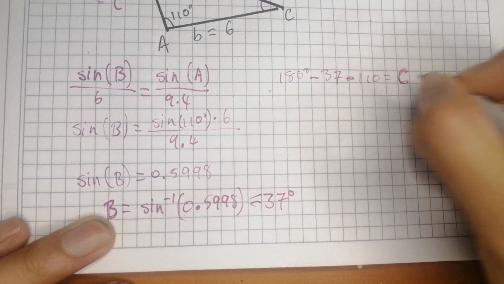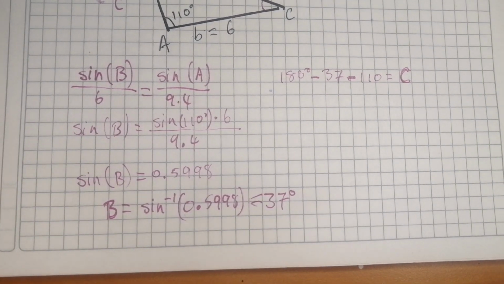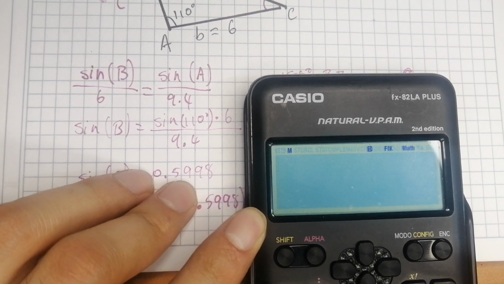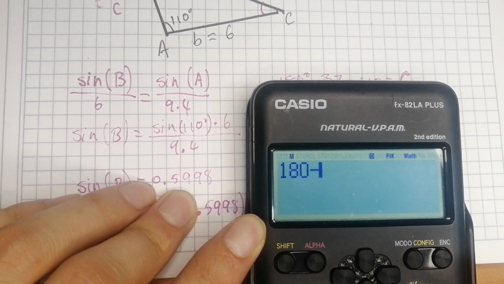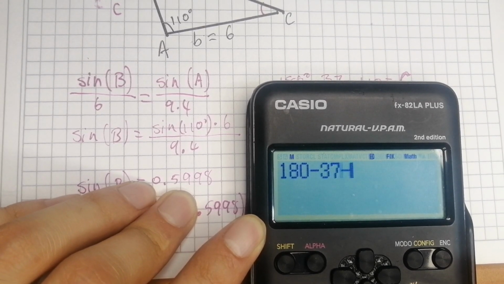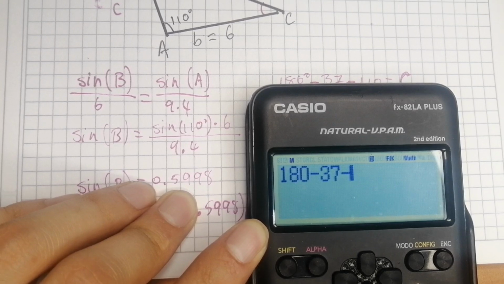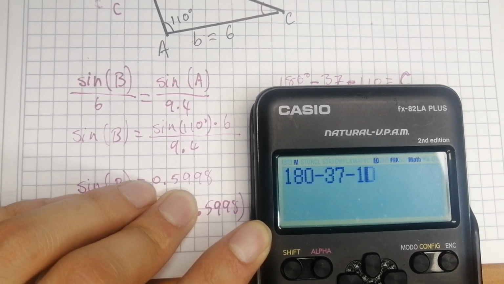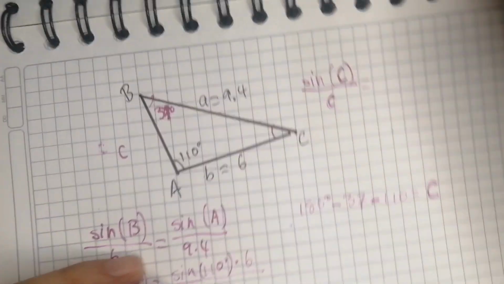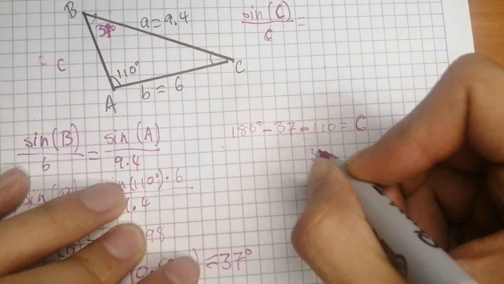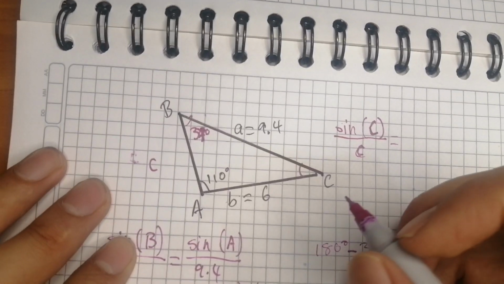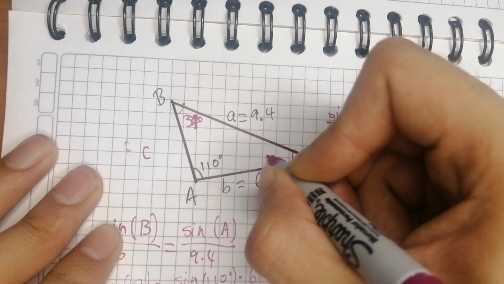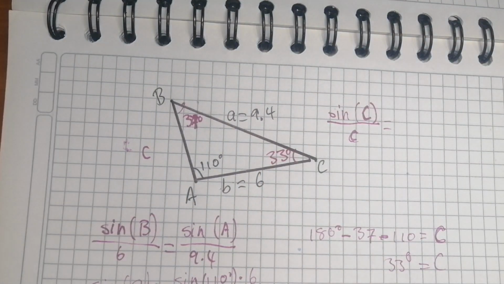To capital C. Technology makes us this lazy. 180 minus 37 degrees minus 110 is equal to 33. So 33 degrees is equal to capital C, and these 33 degrees would go in this position over here. So I completed my triangle.